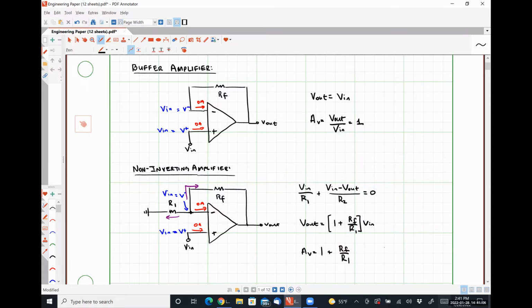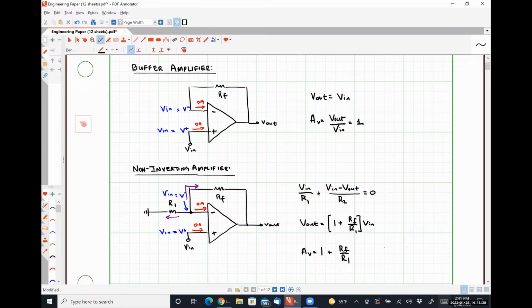I'm mentioning all of these things because if you look in some of the old exams that I've posted, I like to ask a question about what could you do to increase the voltage gain of an amplifier like this, and the short answer is increase RF or decrease R1, right?